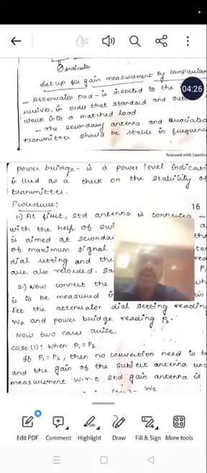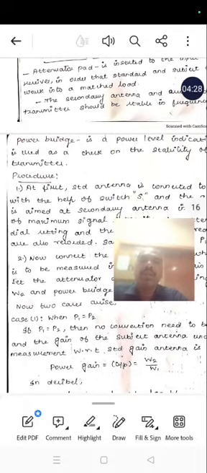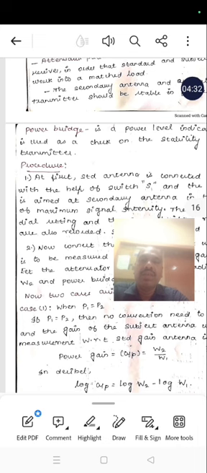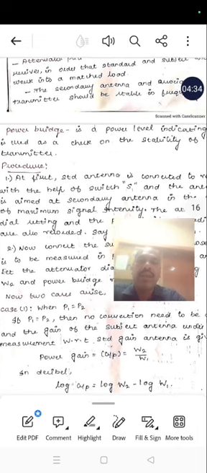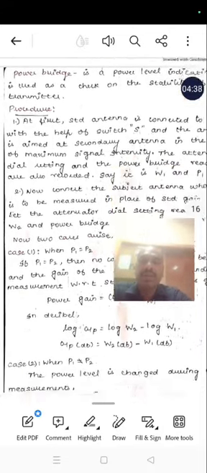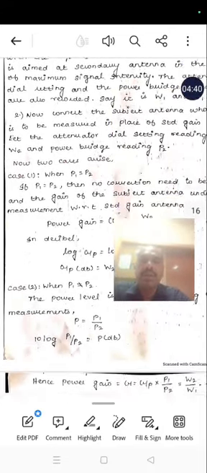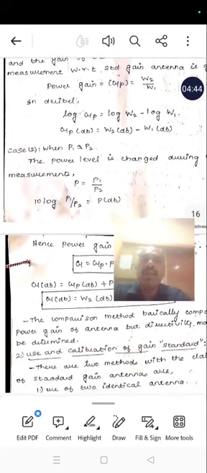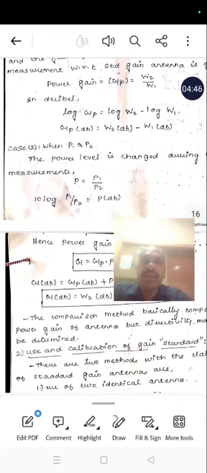We use the power bridge method. The power level indicating device is used to check the stability of the transmitter. Okay, you can measure power gain. Gamma B is equal to W2 divided by W1, in decibels.